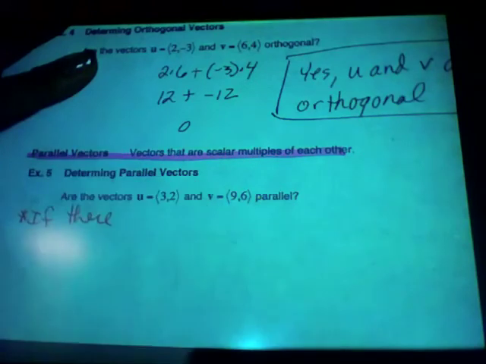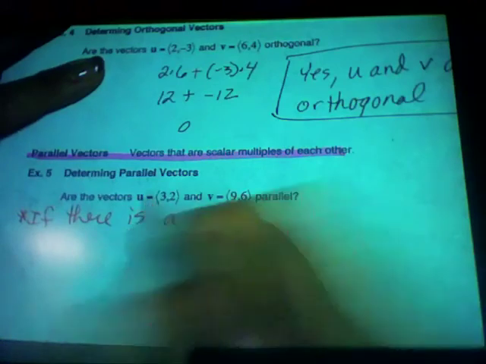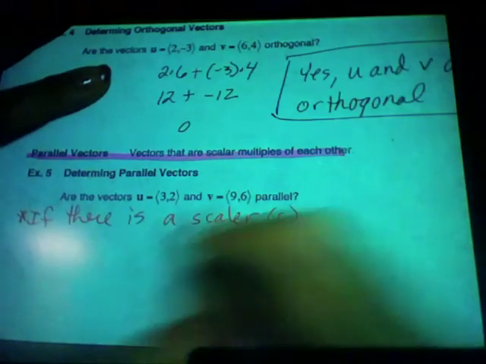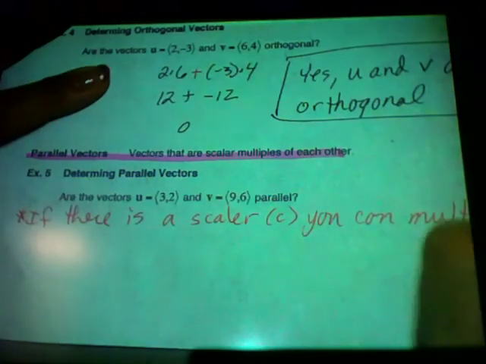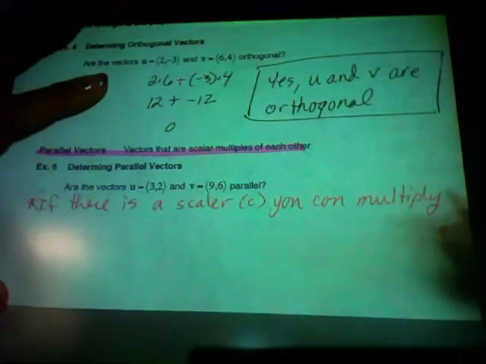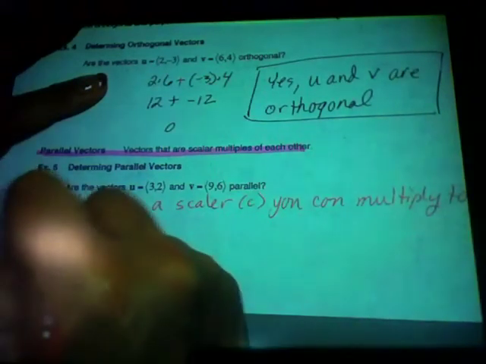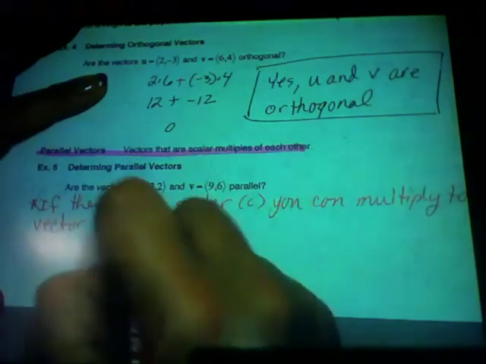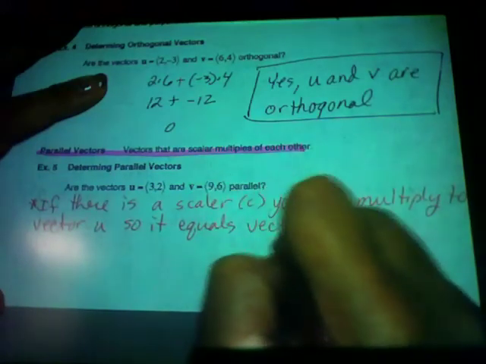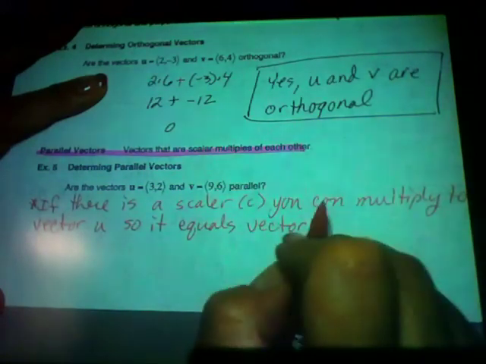If there is a scalar, some number c, you can multiply to vector u so it equals vector v, or vice versa, then they are parallel.